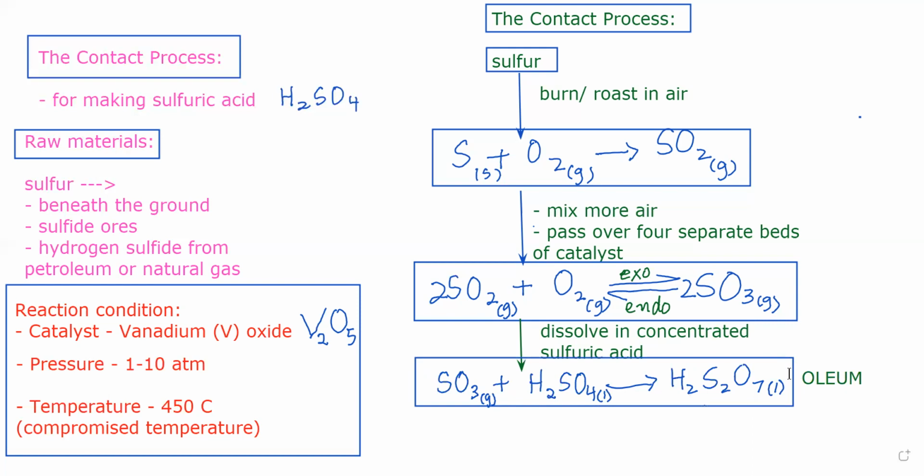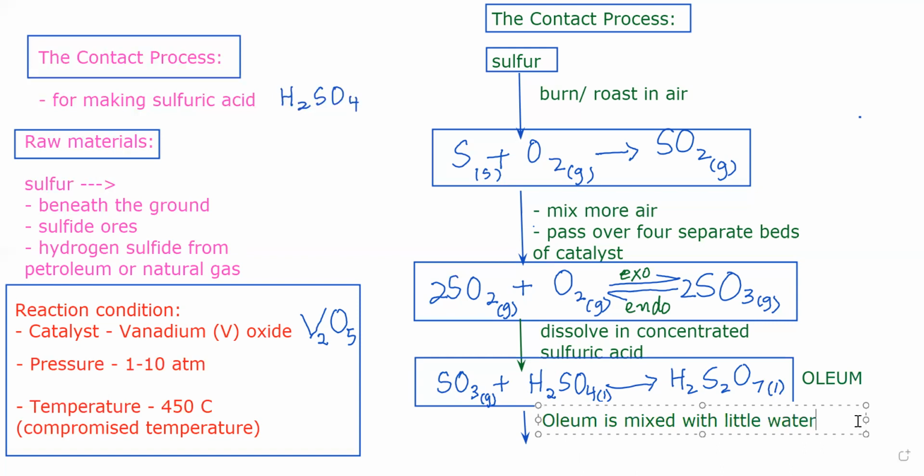So now since this oleum has been formed, what will happen? This oleum is mixed with a little water. This is the last step in this process. So oleum is mixed with a little water. When it is mixed with a little water, what will we get?